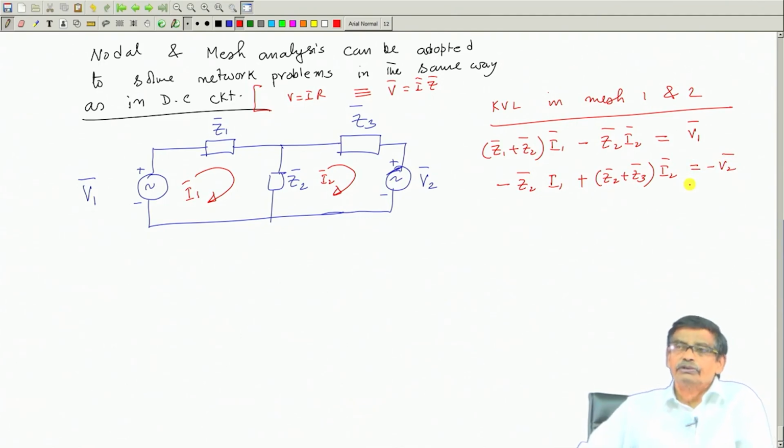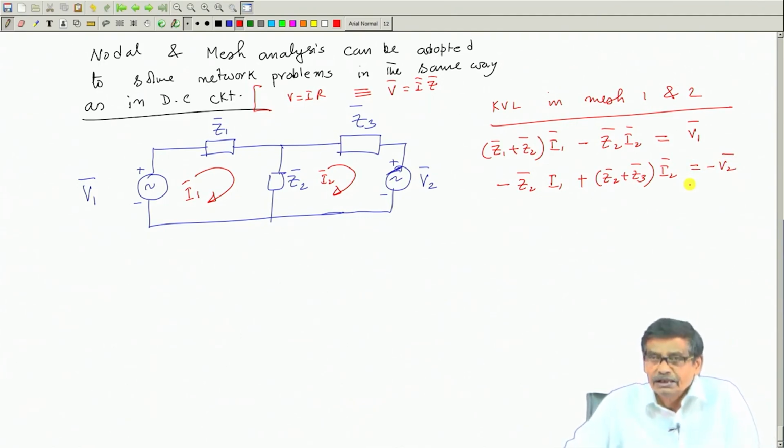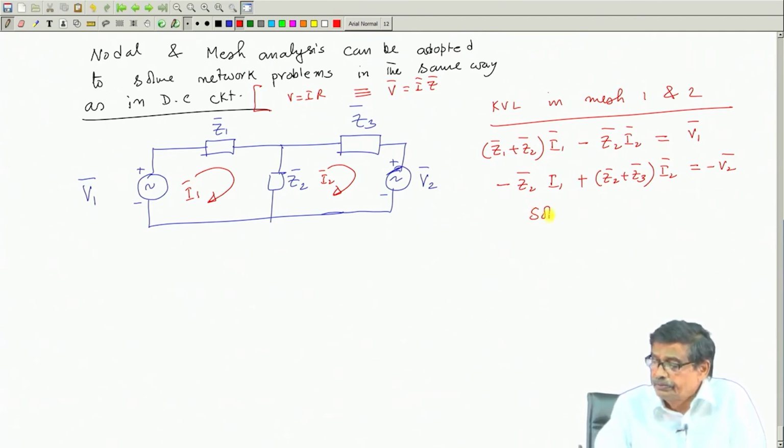Then you have got two equations to solve. The only complexity arises because these numbers you have to handle as complex numbers. Then apply Cramer's rule, this, that, whatever is convenient to you, and solve for I1, I2.